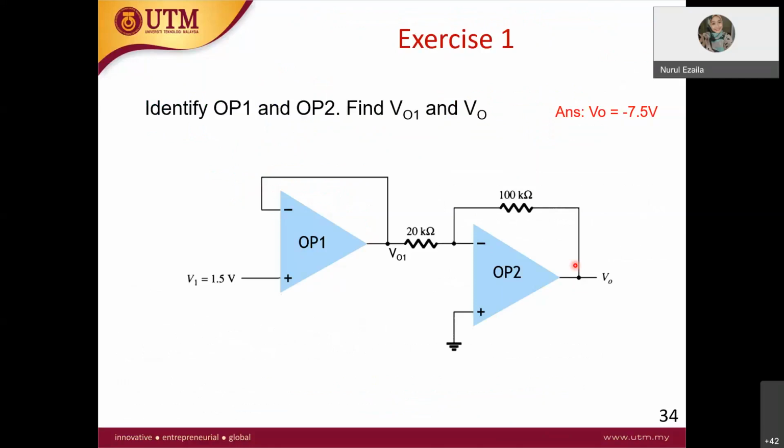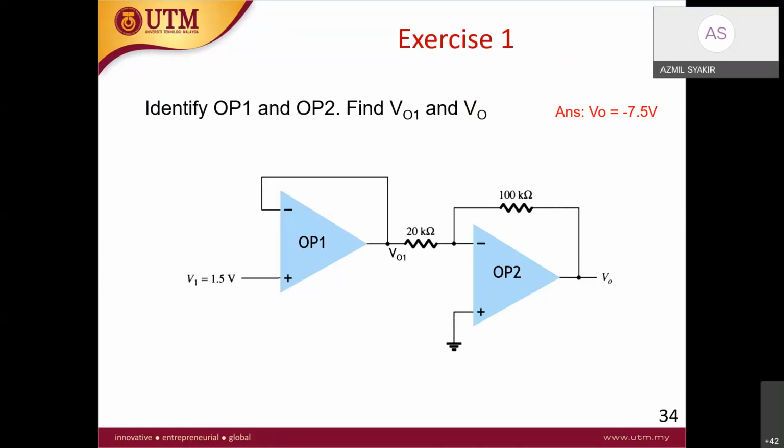So this is how it looks. Identify op-amp 1, meaning the name of op-amp 1. What is the name of op-amp 1, where it is directly connected to the input? Voltage follower.